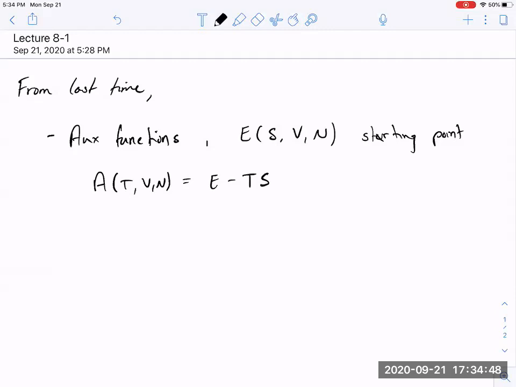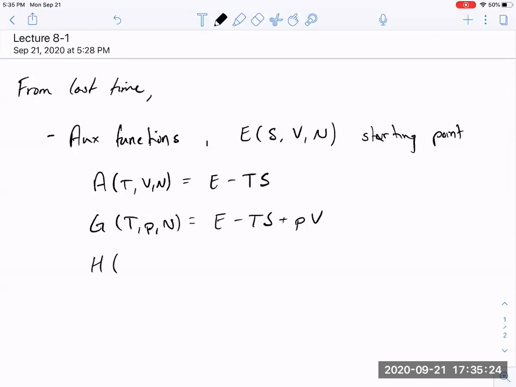Generalizations of this so-called Legendre transform for things like the Gibbs free energy, which is a natural function of the temperature, pressure, and number of particles, are constructed analogously to exchange the role in the energy of the temperature and entropy. You subtract off T times S, and to change the dependence on the pressure from the volume, we would add P times V, adding because P enters into the first law with a negative sign.